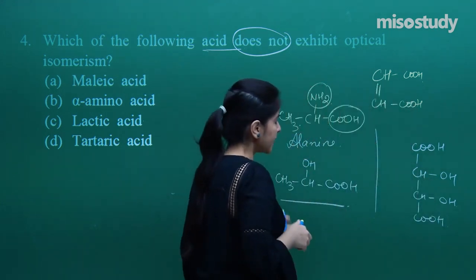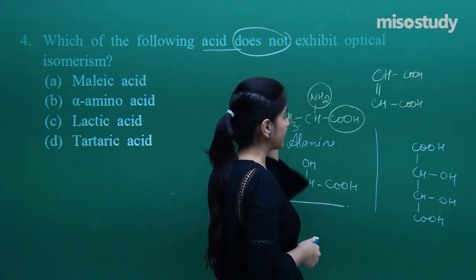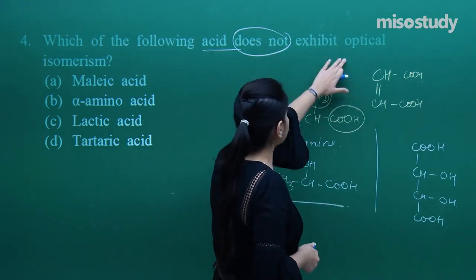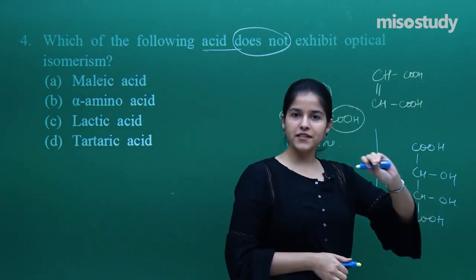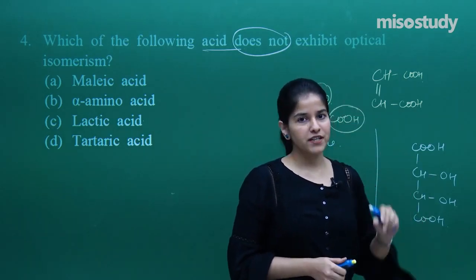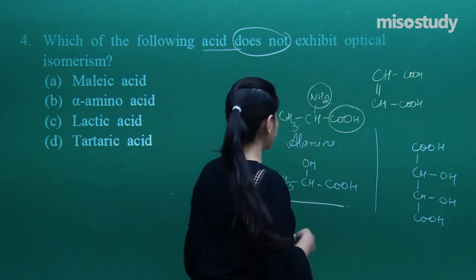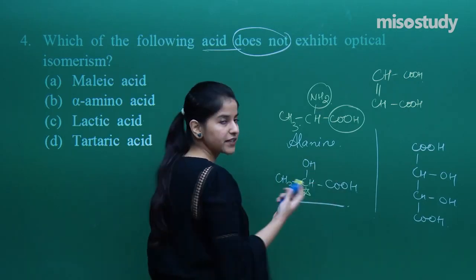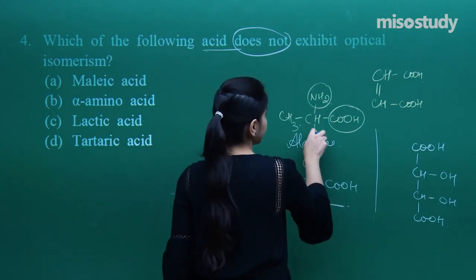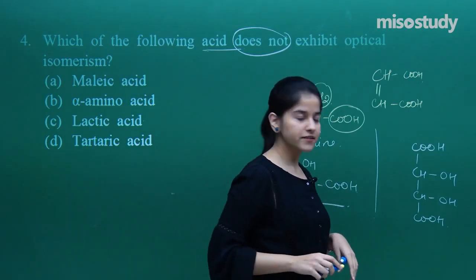Right? Now what I need to do is figure out which one will be showing optical activity. The very basic approach is we need to find out the chiral centers, right? So here in the lactic acid I have got a chiral center, all the 4 groups are different. In alanine again all the 4 groups are different.